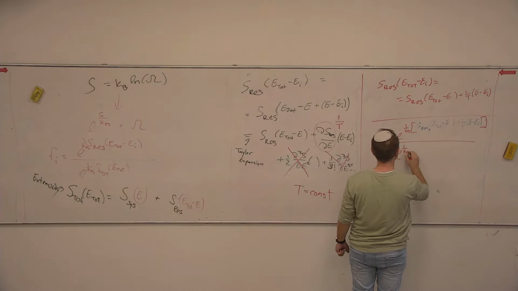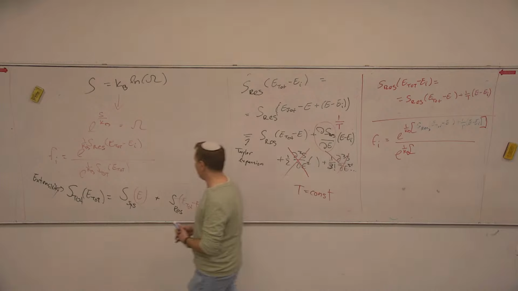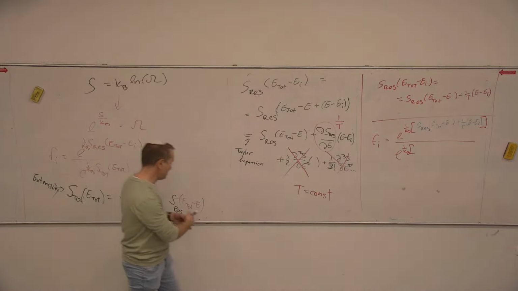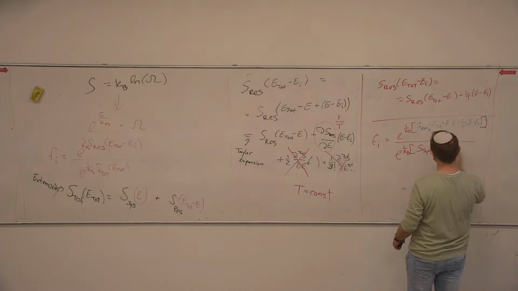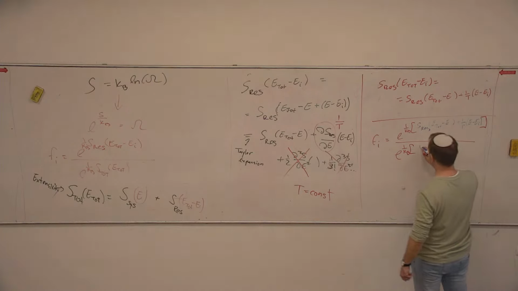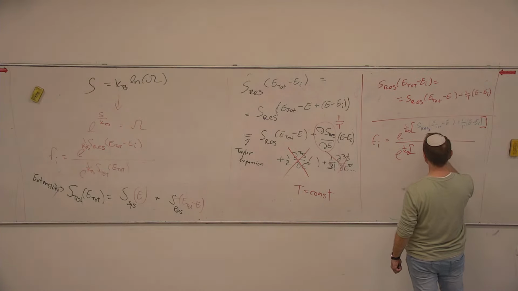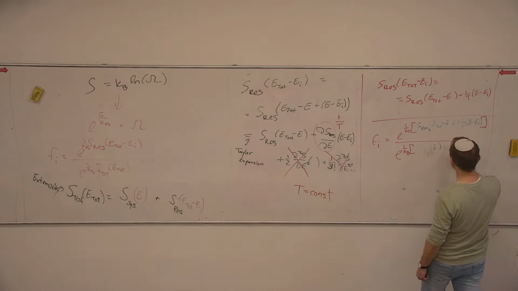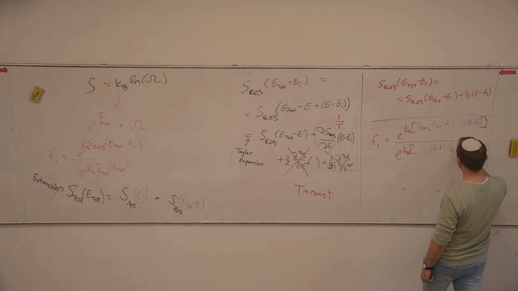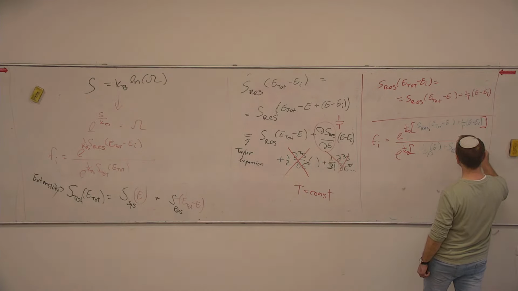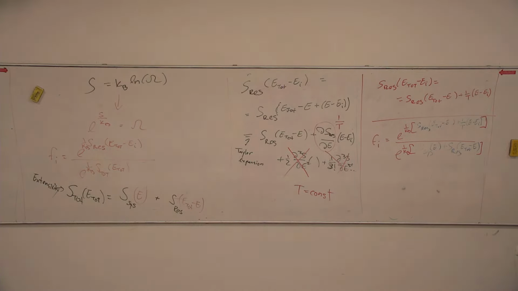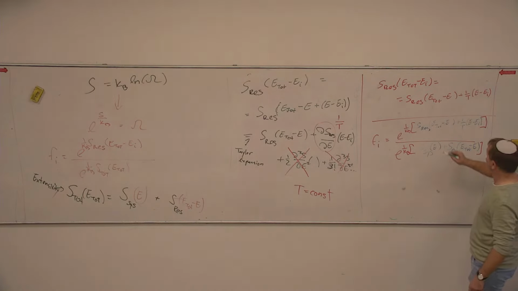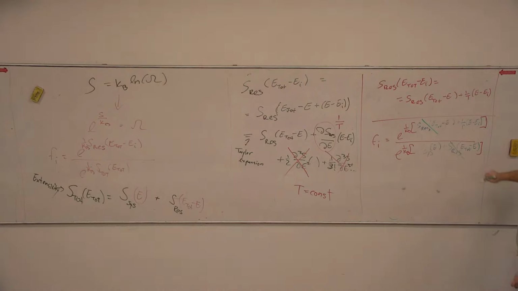e to the power 1 over k Boltzmann. So what we have as system at E: S system at E plus S reservoir of E total minus E. What cancels out? S reservoir, S reservoir.